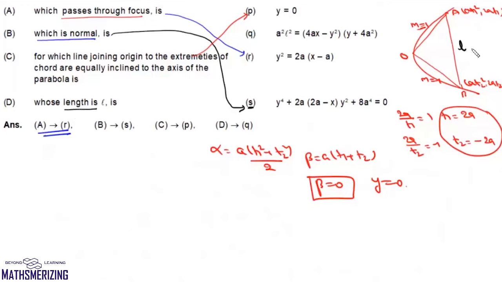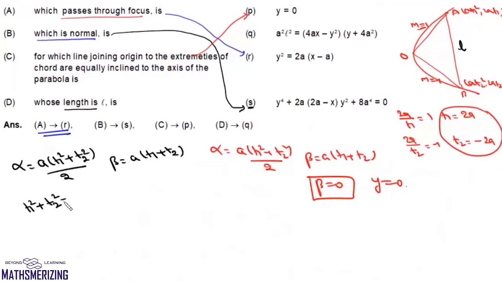Now the fourth one is we need to find locus of midpoint of the chord whose length is L. So again we'll get this alpha as a t1 square plus t2 square upon 2, and we'll get beta as a t1 plus t2. Now from here we'll write t1 square plus t2 square, it is 2 alpha upon a, and t1 plus t2 is beta upon a.